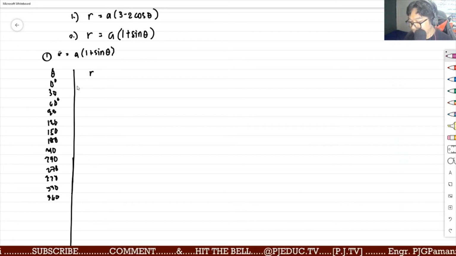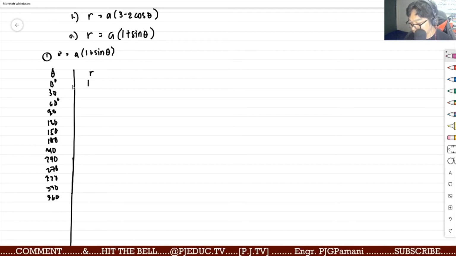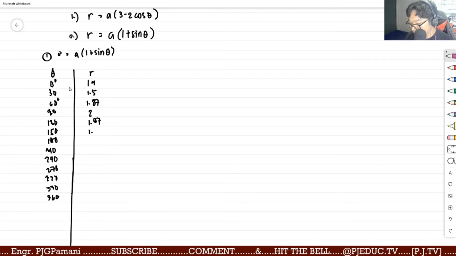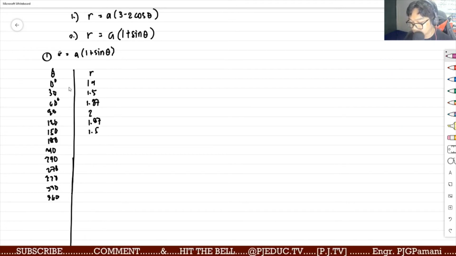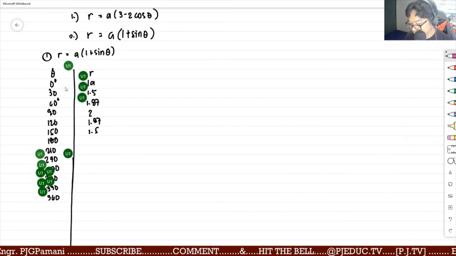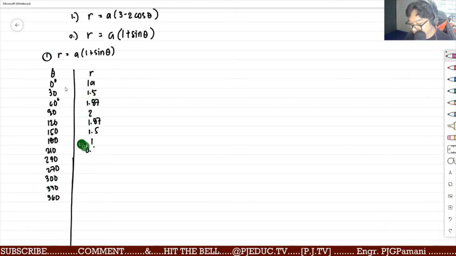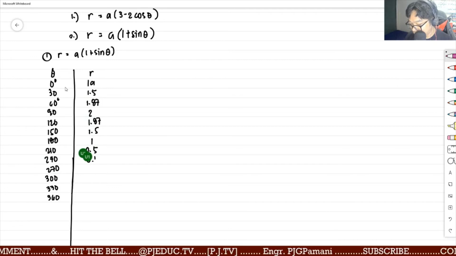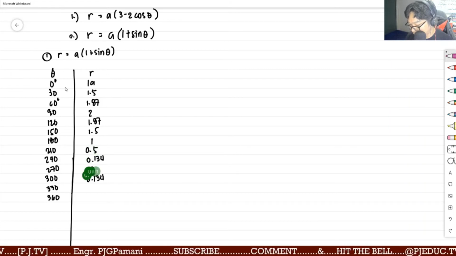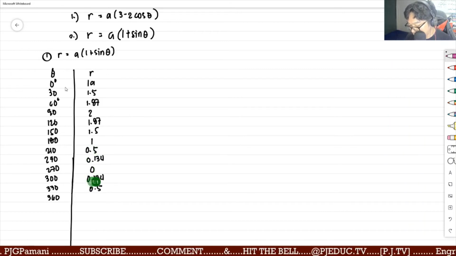Compute for the value of A, that is 1A, 1.5, 1.87, 2, 1.87, 1.5, pag 180, 1 plus sine 180, that is 1, then 0.5, then 0.134, 0, 0.134, 0.5, then 1.